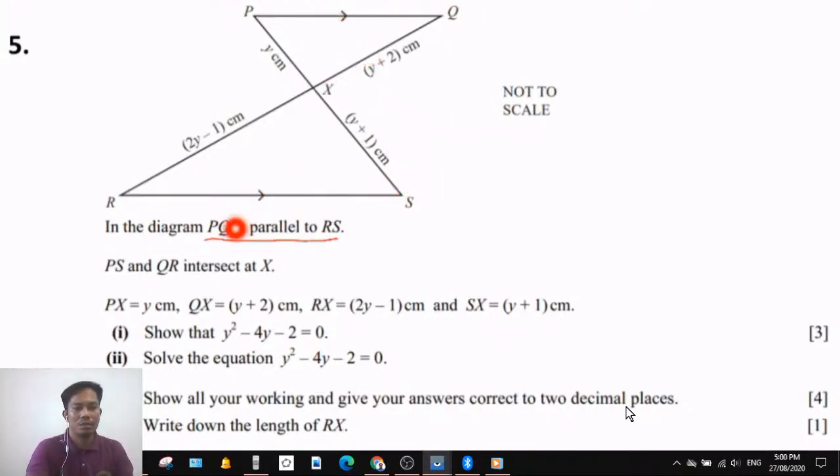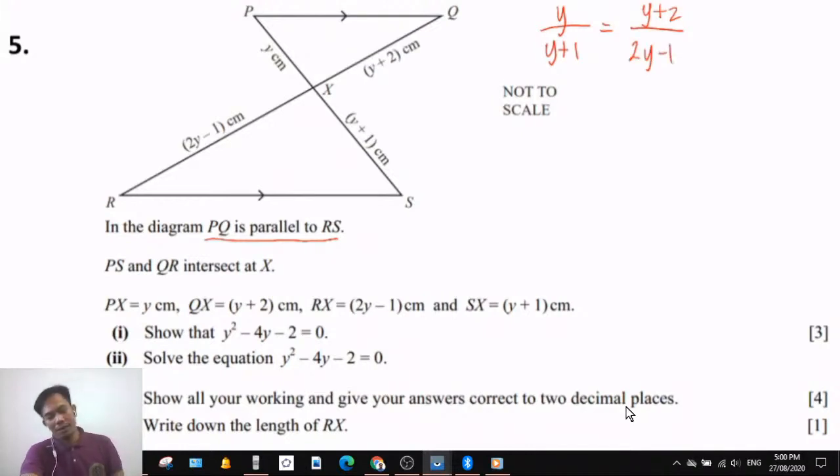So it's parallel, meaning we have similar triangles over here. This is similar to this one, even though their size is not the same. Meaning I can equate y over y plus 1 is equivalent to y plus 2 over 2y minus 1.